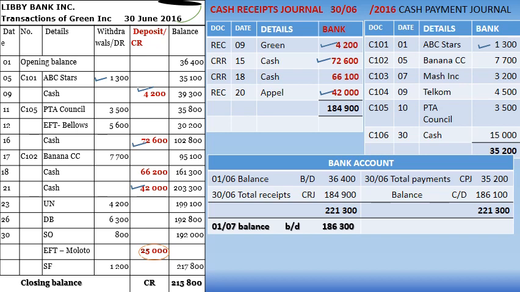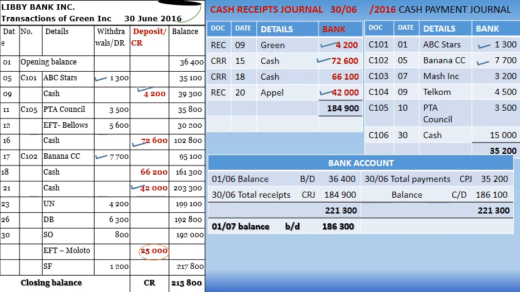Check 102 in the cash payment journal, the amount 7,700, will be traced on the statement on the 17th. Check 102, amount 7,700, similar entries, we tick.